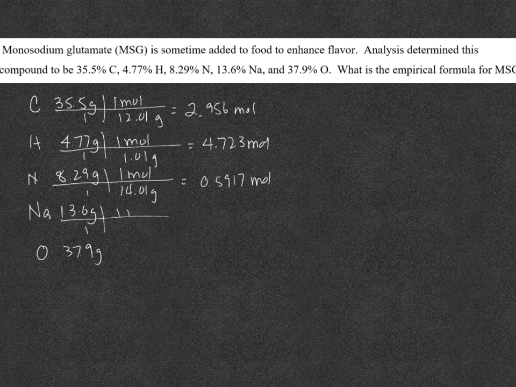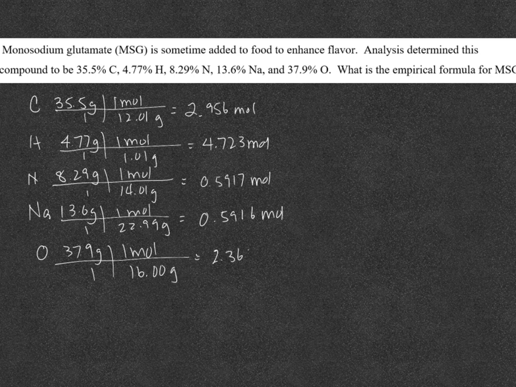Sodium, there's a bunch that we have to do. It does get a little tedious. And all of these numbers, the 12.01, 1.01, those are from the periodic table. So 0.5916. And then oxygen, 1 mole is 16, 2.369.